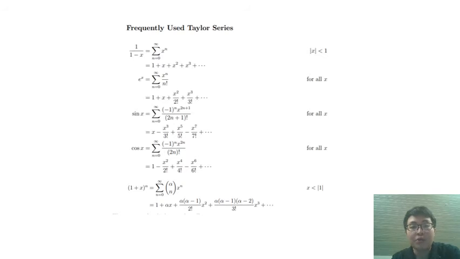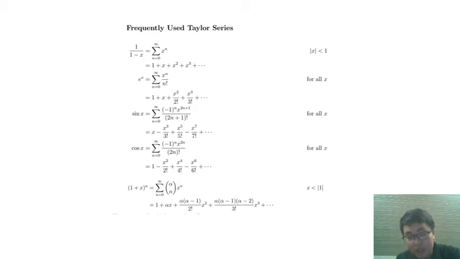There are some frequently used Taylor series that I recommend memorizing. I'm pretty sure that out of all the Taylor expansions we're going to use in Physics 125 first and second quarter, these 5 cover like 99% of them.